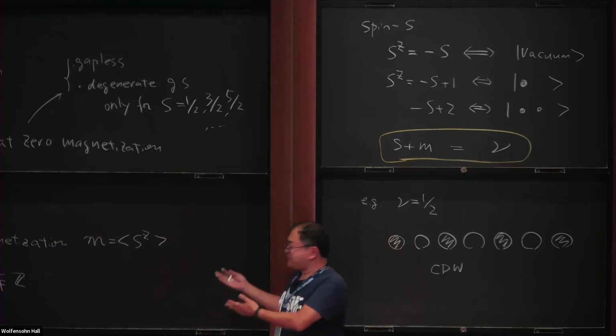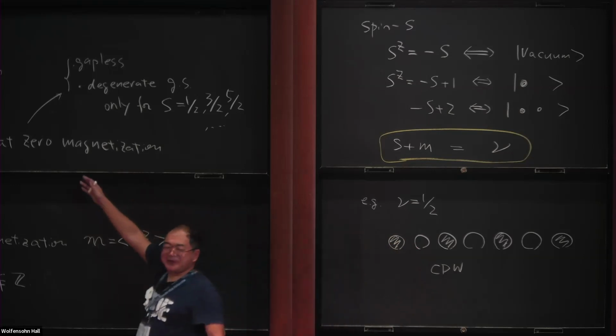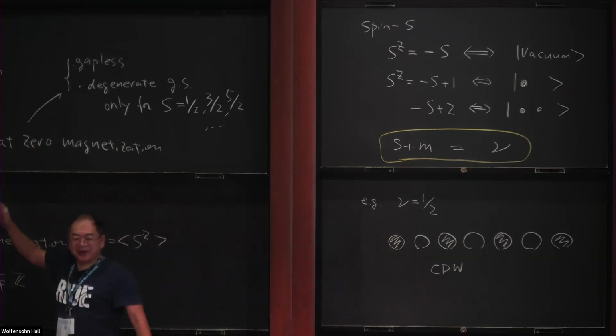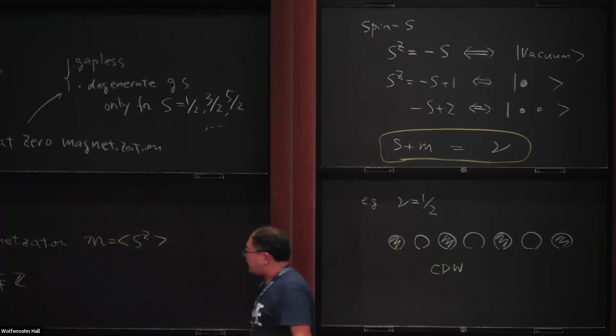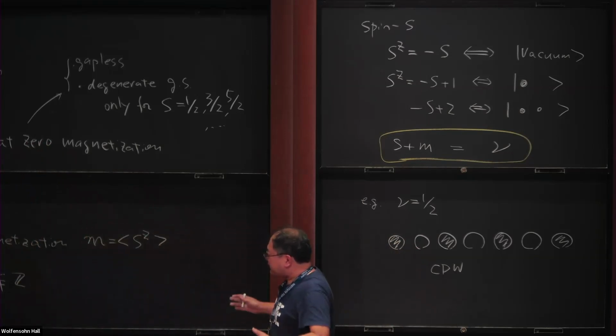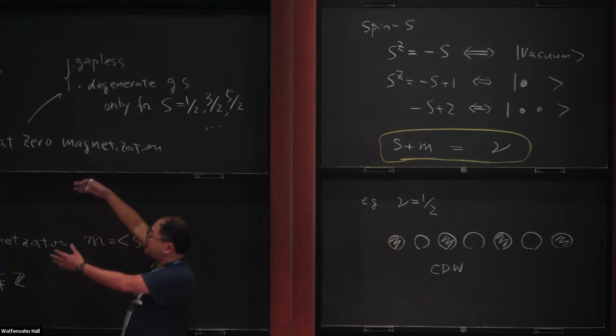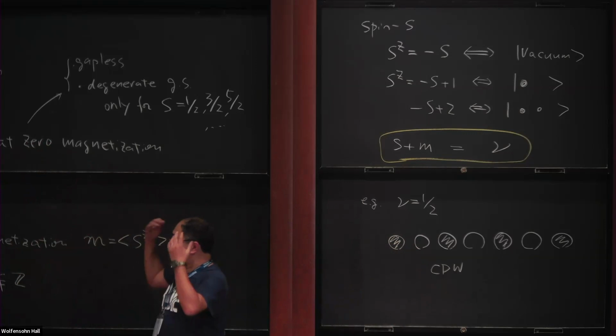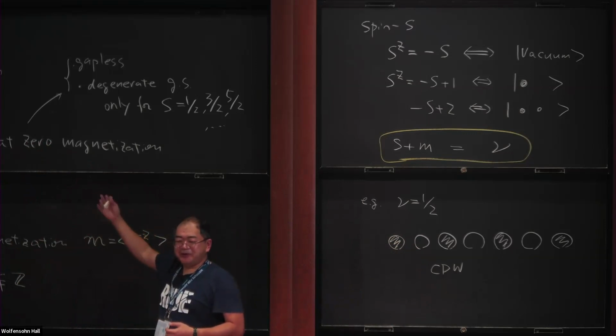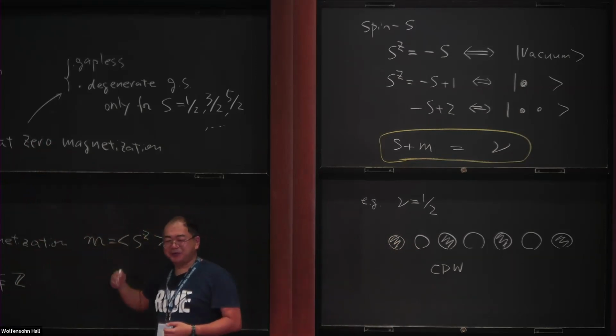So you might think it's trivial, but at least it wasn't trivial back then. So I think one of the nice things about this Lieb-Schultz-Mattis theorem was that in this way, we can naturally, intuitively understand this mysterious Haldane conjecture, Haldane gap.